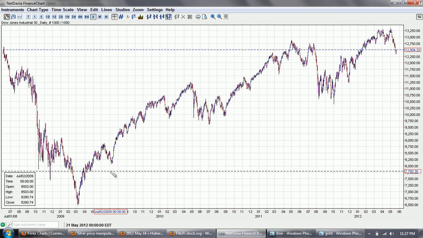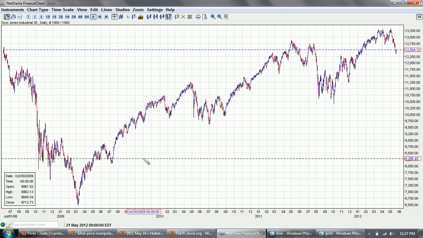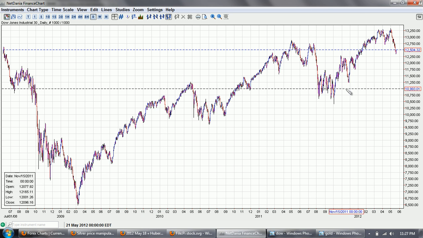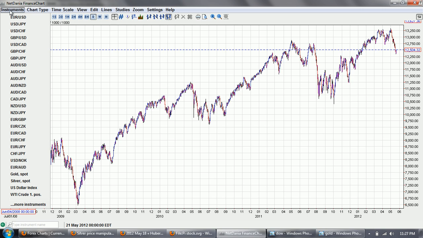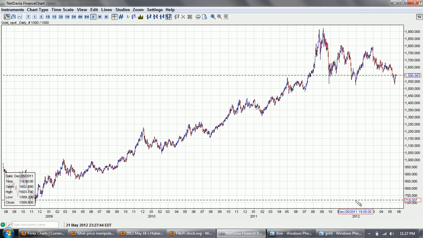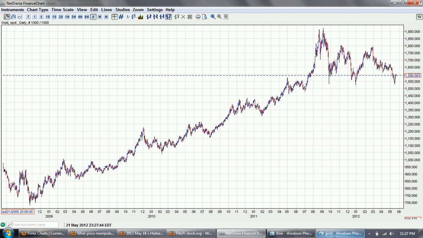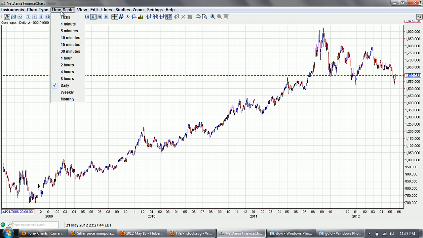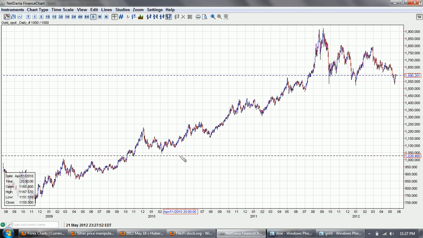Greed is what drives bull markets up, and fear is what causes bear market collapses. And those are the two types of patterns that we see very clearly in this Dow chart as well as in this gold chart. And this is the other chart that we inverted. And actually that's a closer up view. So anyway, that's the idea.